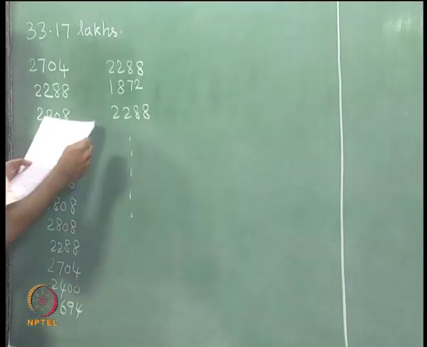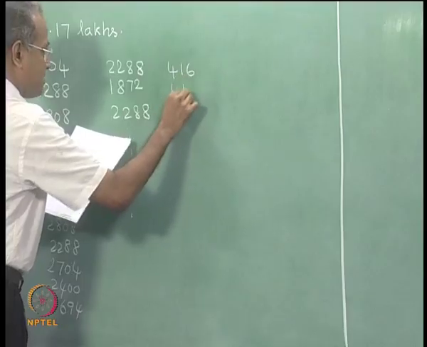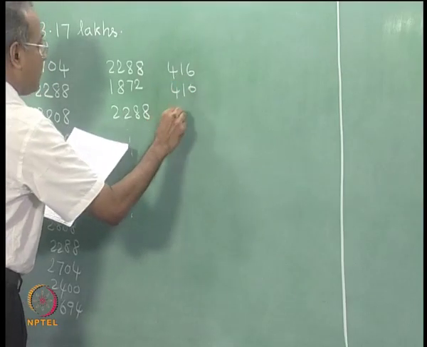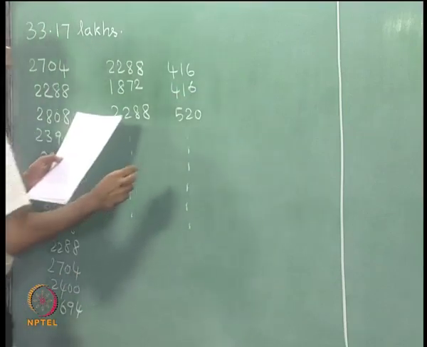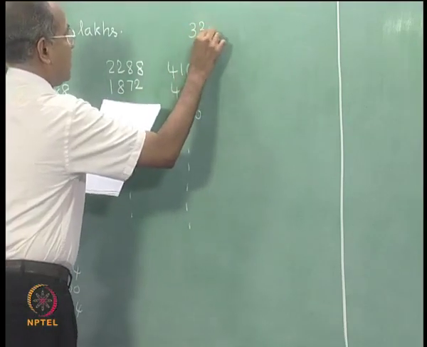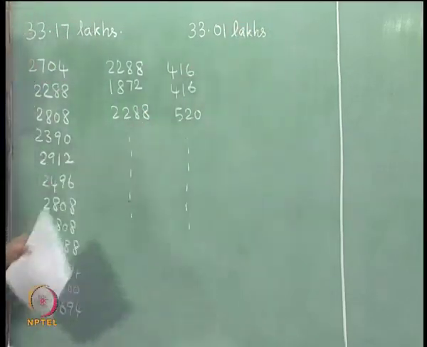Now the overtime values are 416, 416, 520 and so on, and the total cost is 33.01 lakhs.